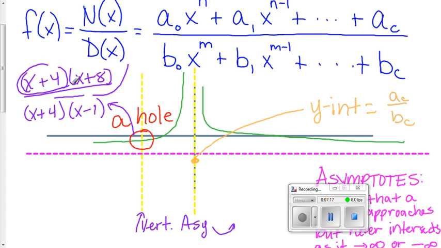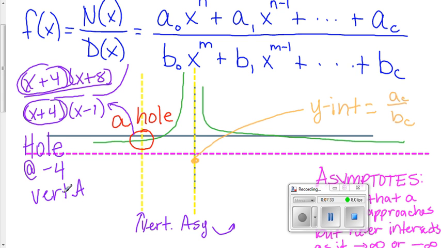Because x plus 4 occurs in both the numerator and the denominator, there is going to be a hole at negative 4. And there will be a vertical asymptote at positive 1.